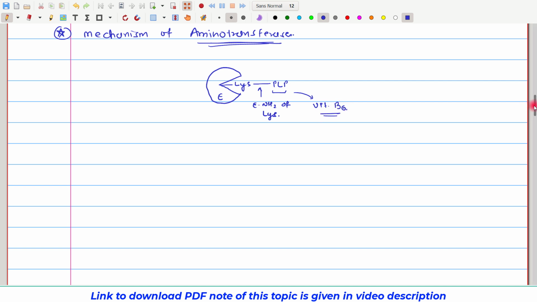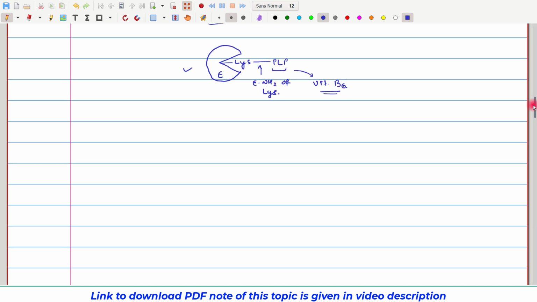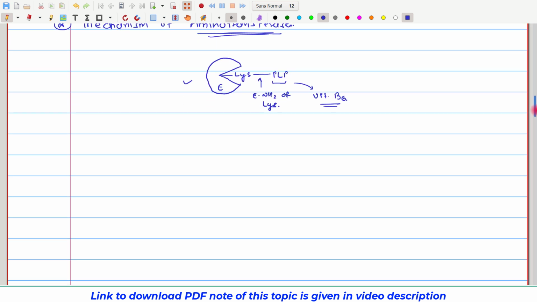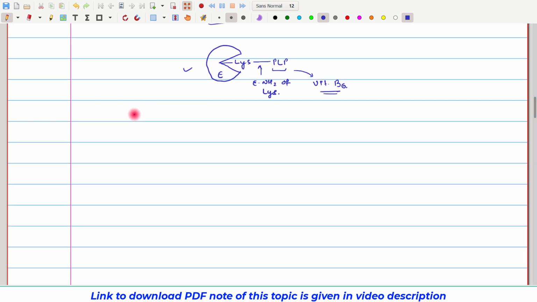Now, what happens? How does this enzyme work? Let us try to understand how this enzyme works with the help of alanine transaminase. We know that in alanine transaminase, alanine comes first and donates its amino group to the alpha ketoglutarate. But what happens actually? Alanine doesn't directly transfer its amino group to alpha ketoglutarate.